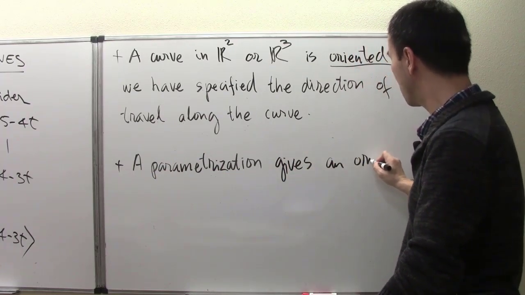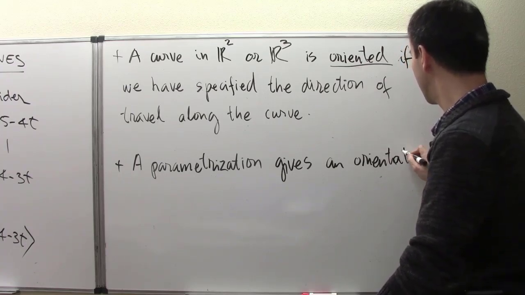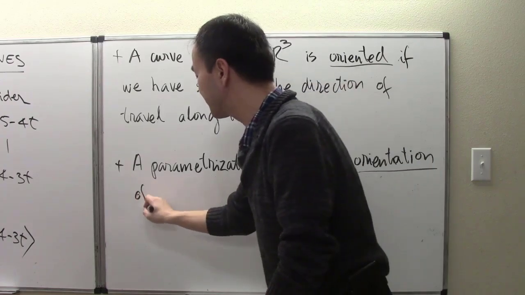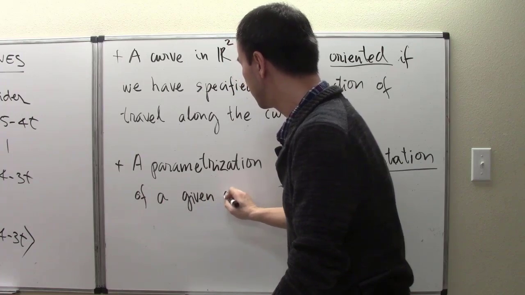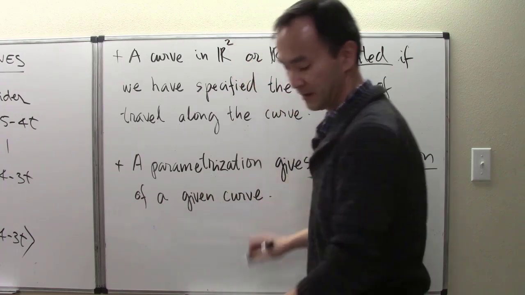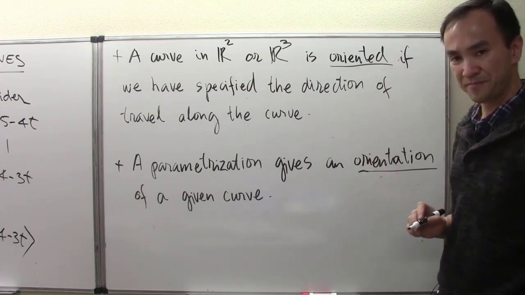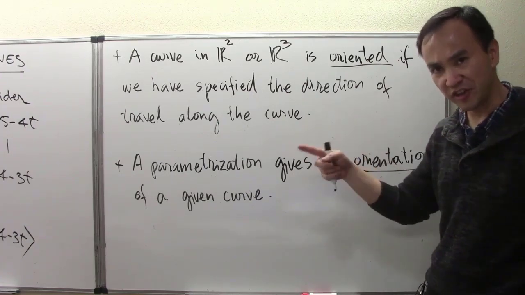So one parameterization is equivalent to an orientation of a given curve. And that's the idea right there. So that's what it means by orientation of a space curve.